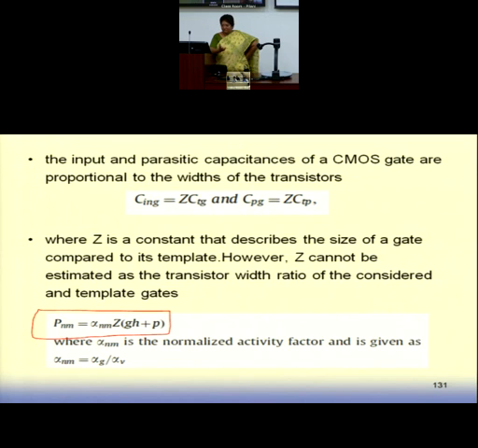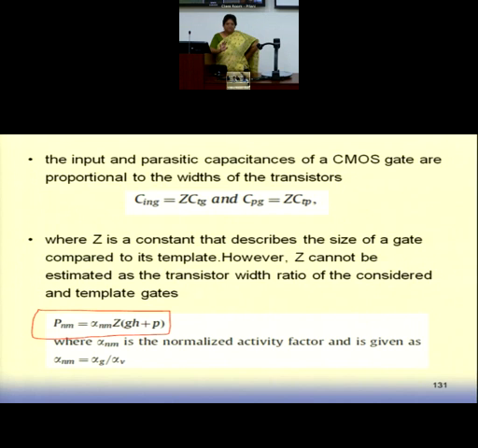They will describe your P. And you take any other gate, that will also be P in terms of capacitances. So when you take the total P, normalize it, you get a ratio of C again. So this is nothing but it is coming from that only. Because it is a ratio, ultimately it becomes a number.